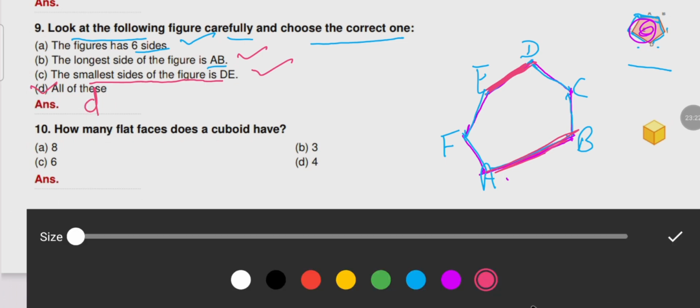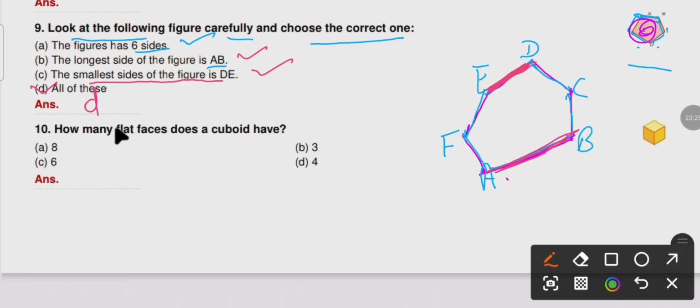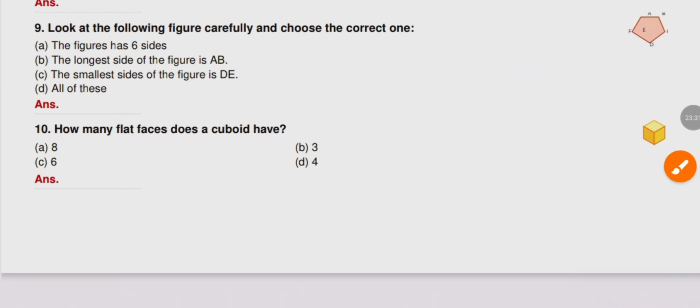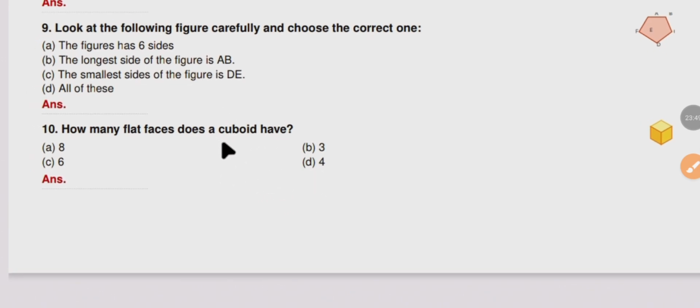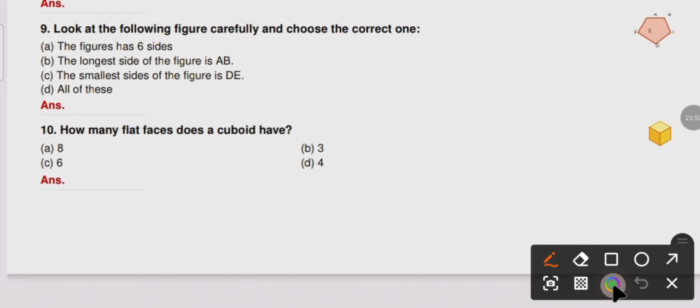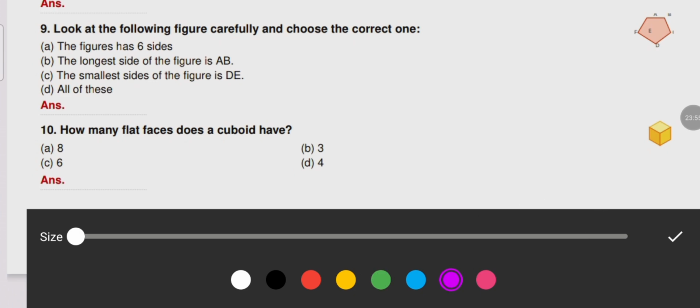Now next question 10. How many flat faces does a cuboid have? Just wait. So now these are the options. We have to find how many faces a cuboid has. We have already studied what a cuboid is.